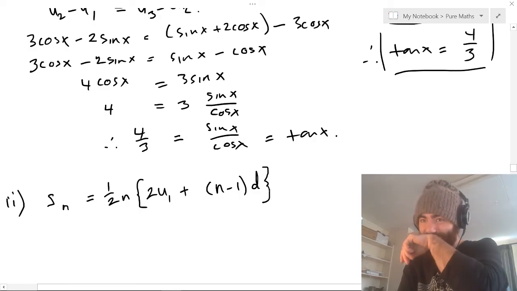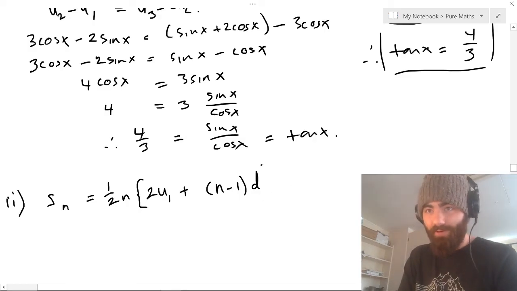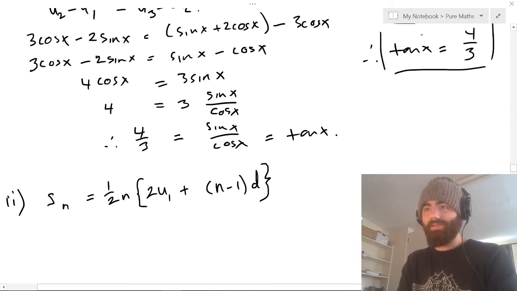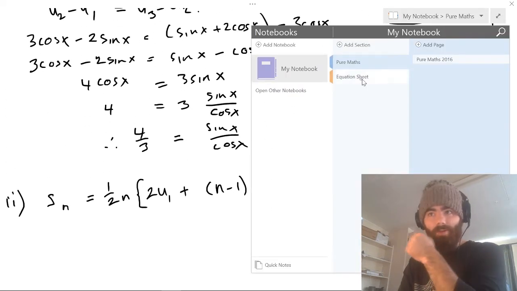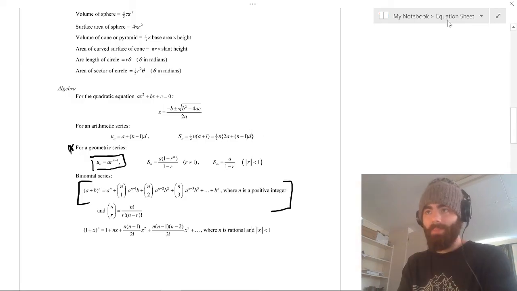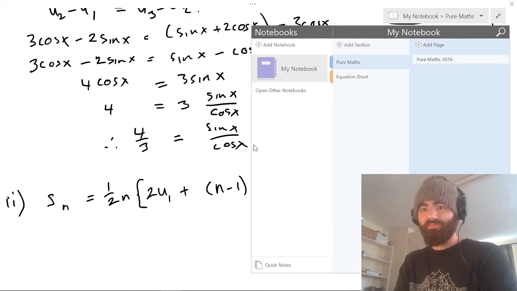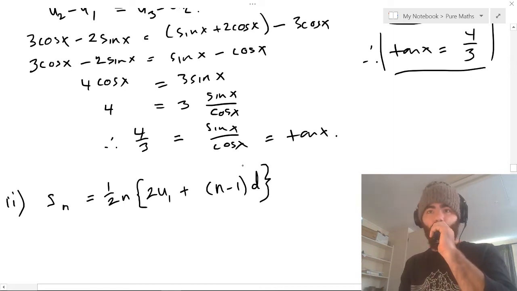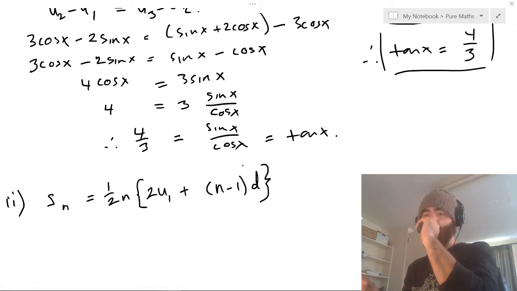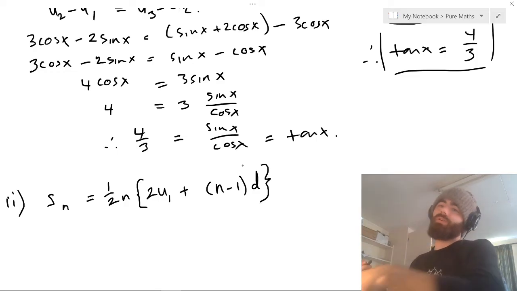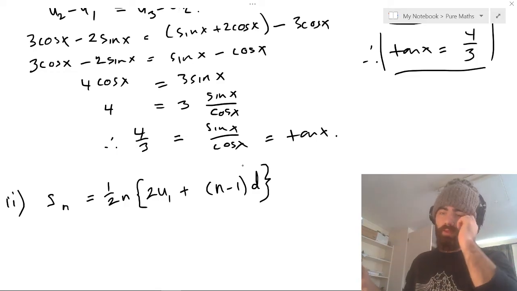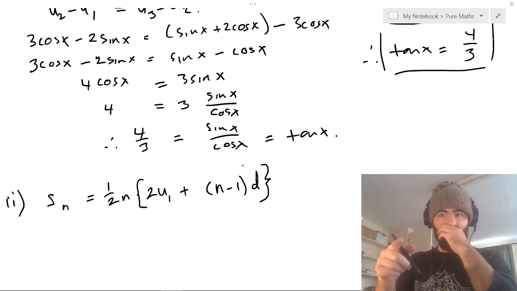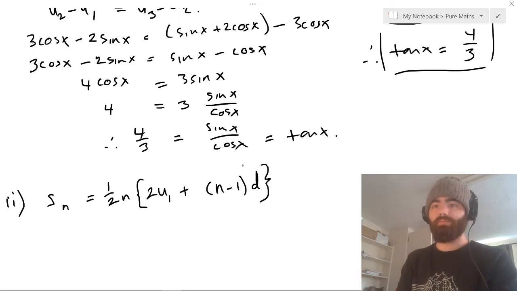That's so gross. Let's see if we can draw that better. Oh, that was a nice one. Let's make sure that's right. Okay, cool. So to find S20, all you have to do is find u1 and d.